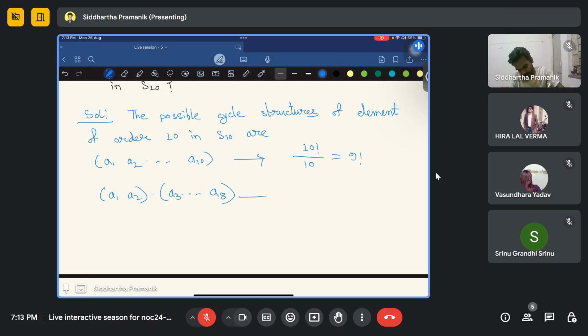And what about this? This one has 10 choices, this one has 9 choices. It is a 2 cycle, so we divide by 2. This is 8 choices, 7 choices, 6 choices, 5 choices, and A8 has 4 choices. But it is a 5 cycle, so we need to divide by 5.